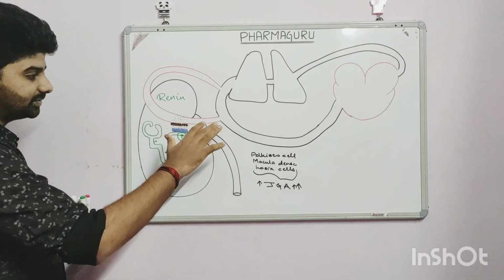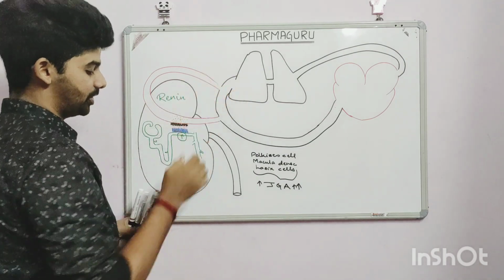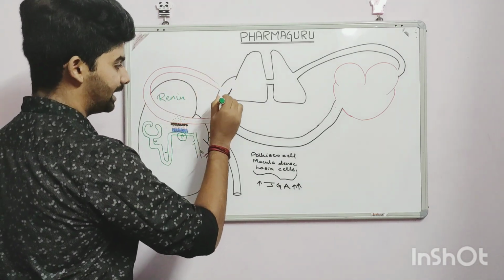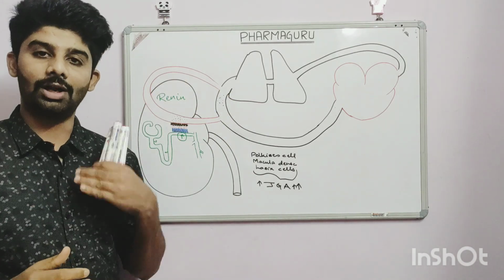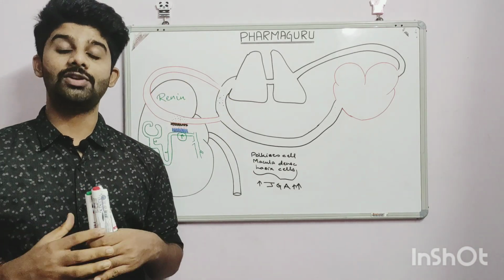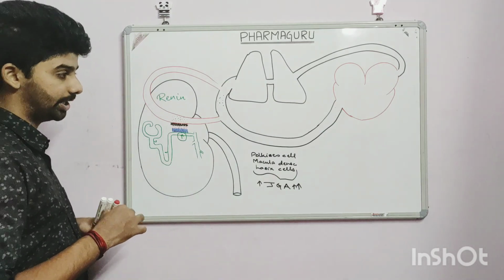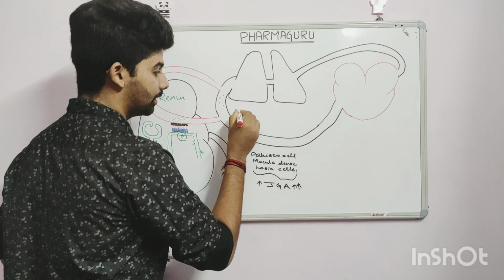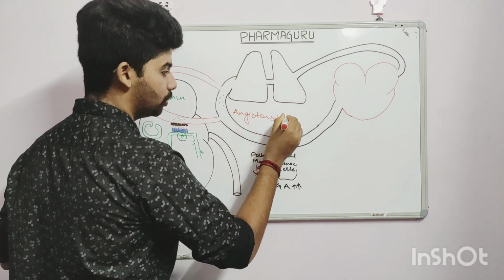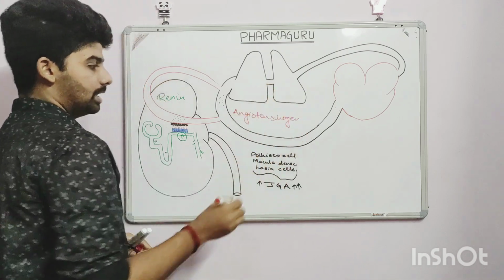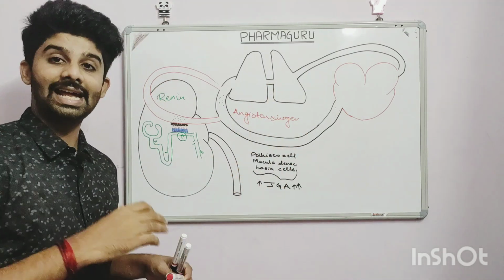Now through the systemic circulation, the renin will pass all the way into the circulation. Now the renin has come here into the circulation. Our systemic circulation is already loaded with a huge amount of another protein, that is angiotensinogen, which is an inactive protein.